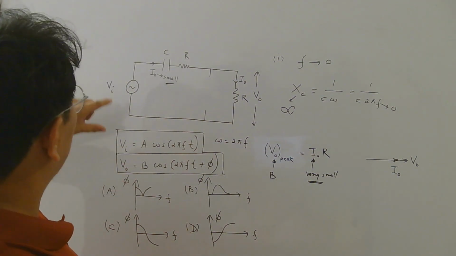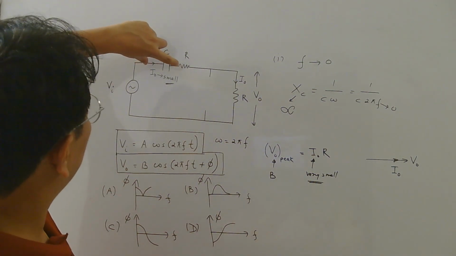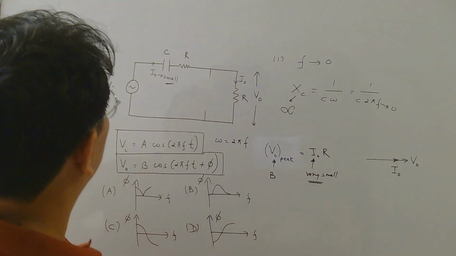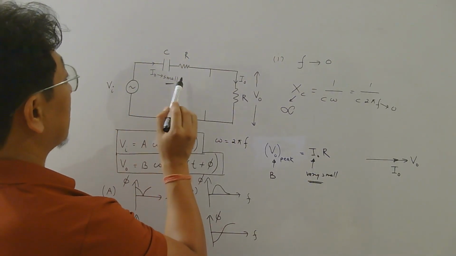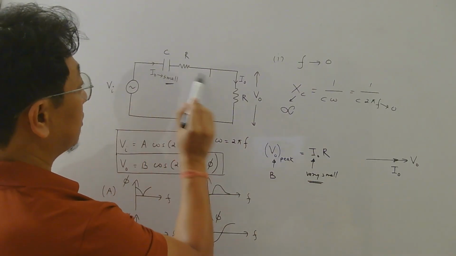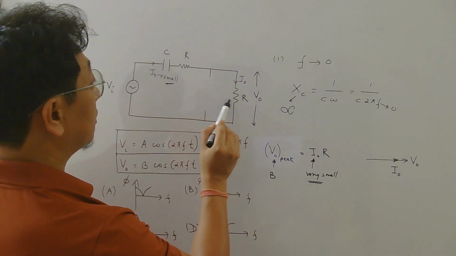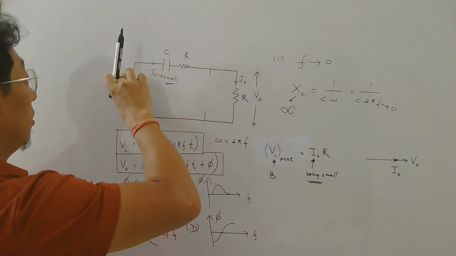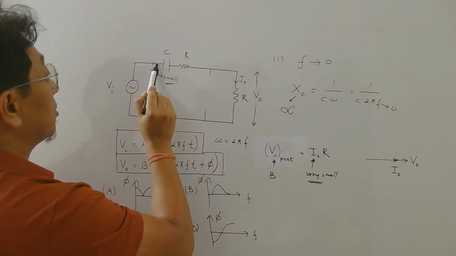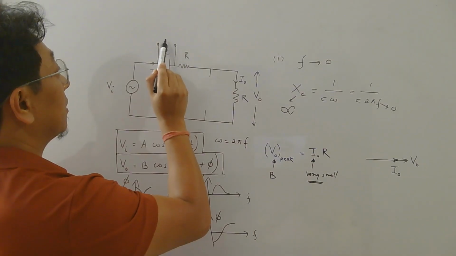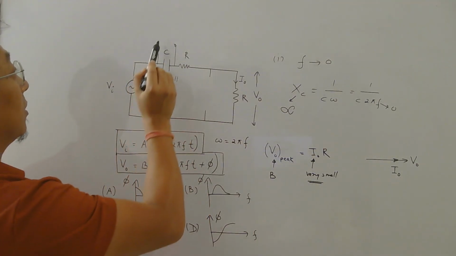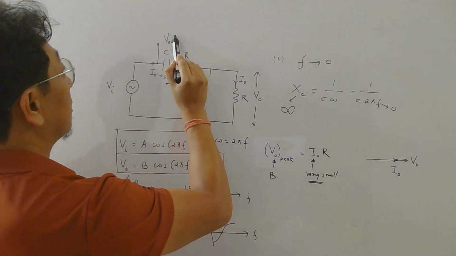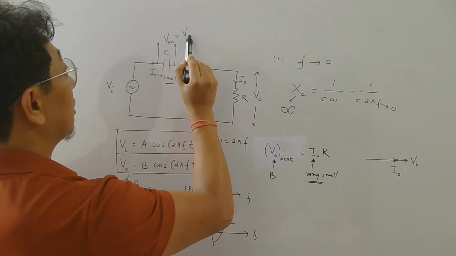Now this input voltage will be divided across capacitor and these two resistors. But because I told this current is extremely small, the voltage here and here will be very small. So the whole input voltage will be across your capacitor, isn't it? So whatever voltage is across capacitor, the peak voltage, that will be your input voltage also.